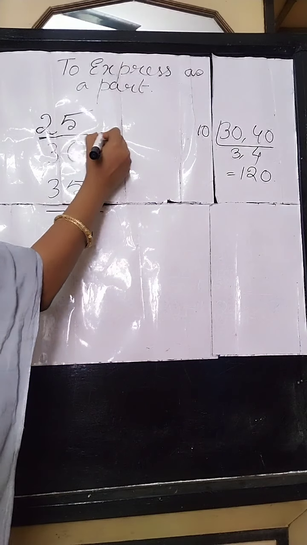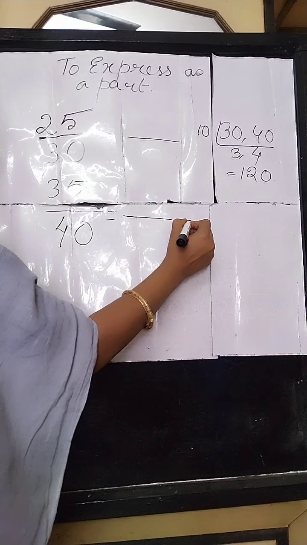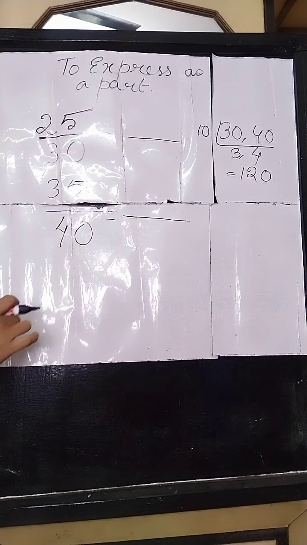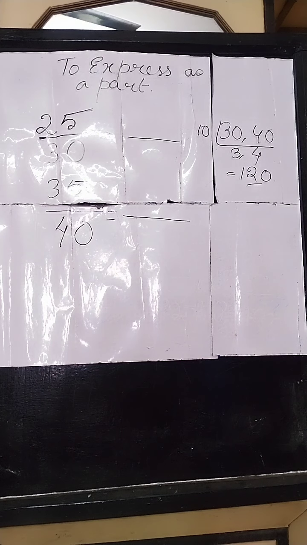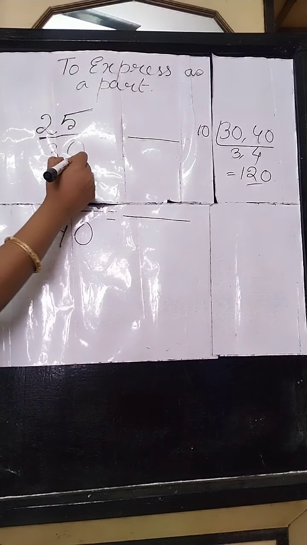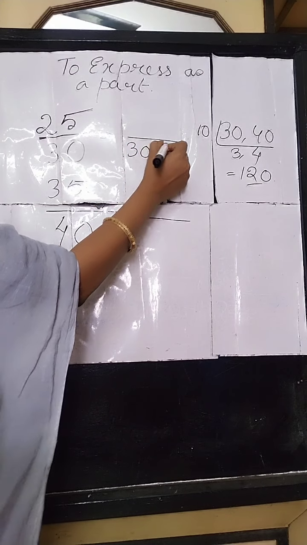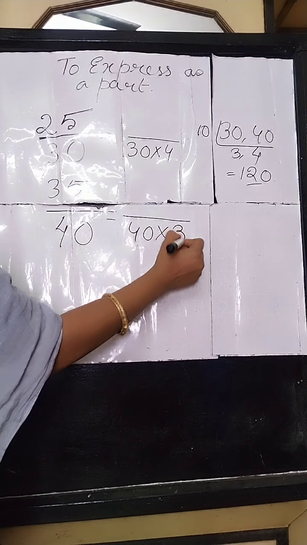So we will try to make both the numbers same, by making the denominator 120. 120 is the common LCM. 30 into 4 is 120. Again 40 into 3 is 120.